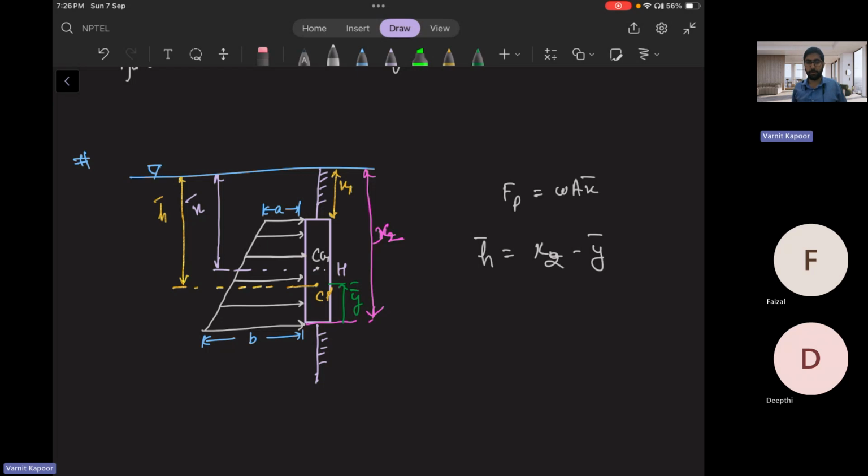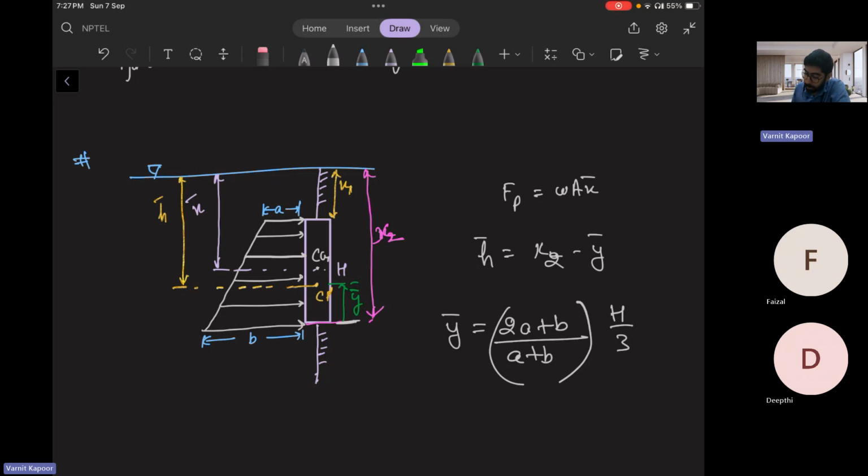Now what is y bar? You have already seen that y bar from the base is nothing but 2a plus b upon a plus b into h by 3. If you are calculating from the base, the twice will be on the a. If you are calculating from the top, then the twice will be on the b. Always.